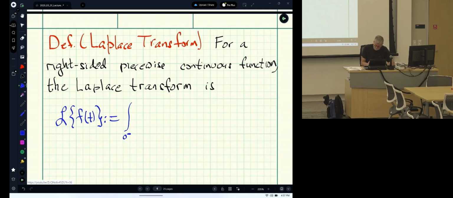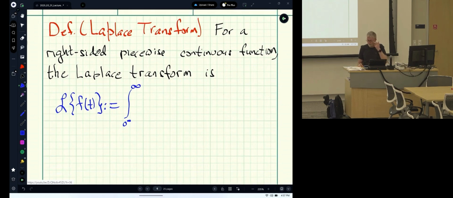This is 0 minus, so that's a limit. This is infinity. That's another limit.